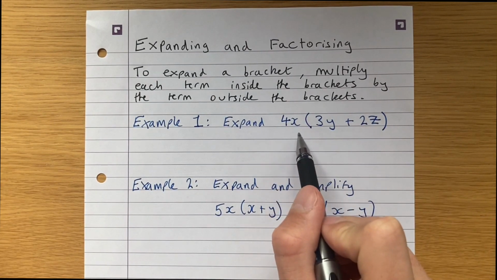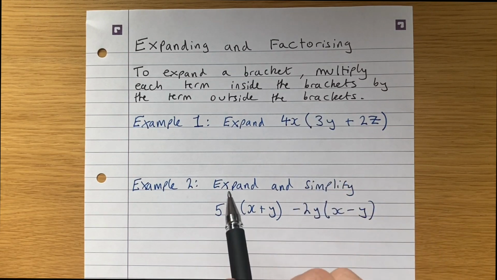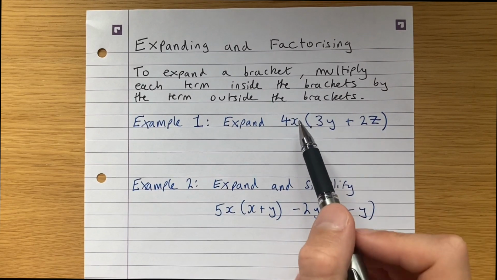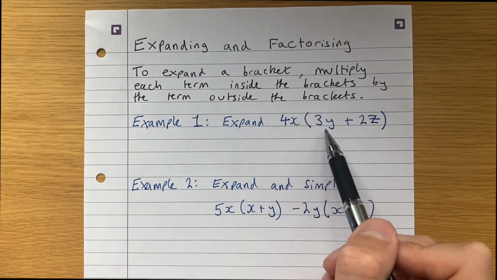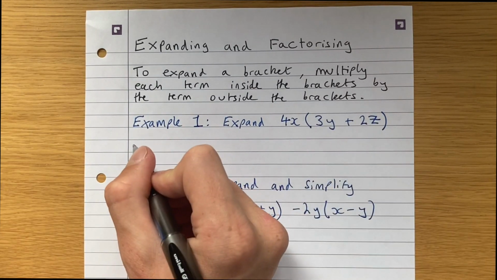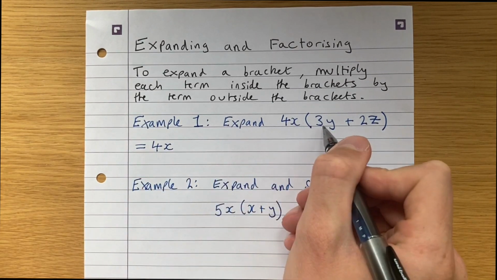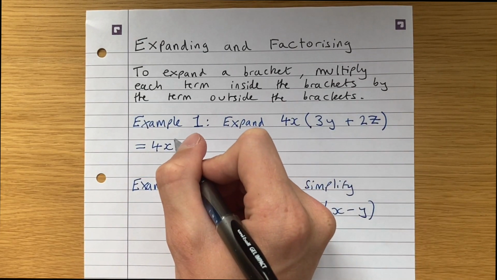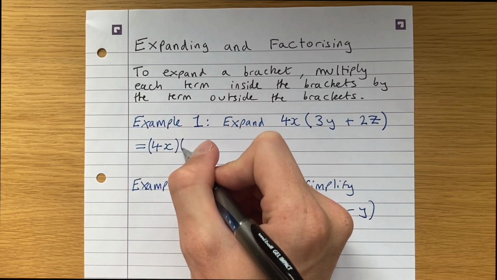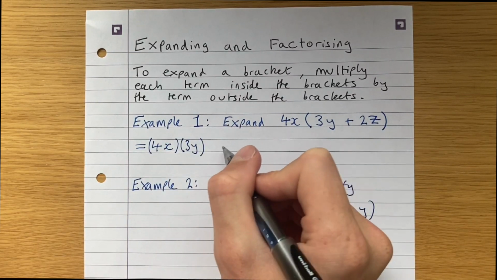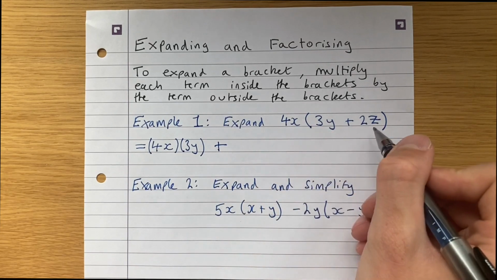If we're asked to expand 4x times brackets 3y plus 2z, like I said, you multiply the term outside the brackets by each term inside the brackets. This is equal to 4x times 3y, so we can just do little brackets here, plus 4x times 2z.